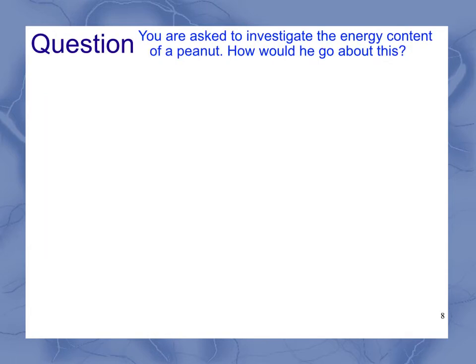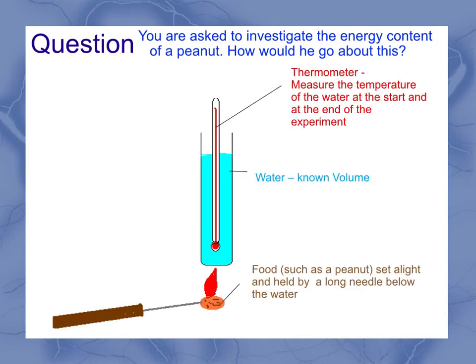Now, you might be asked as a scientist to investigate the energy content of a peanut. How would you go about this? Well, you know that when something burns, it releases energy that can be used to heat water. So that's what you're going to do. You're going to burn the peanut and see how it raises the temperature of water. So you use something called a calorimeter.